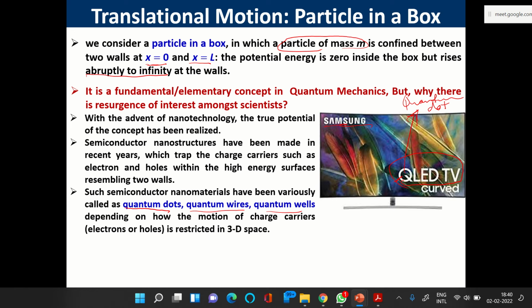We are not going into the details, but just to tell you that this is the level we have reached when talking about the particle in a box model. A very good understanding of it can lead to things that come into the life of a common man, affecting the life of a layman. So this is the restriction, what I said, restricted movement.